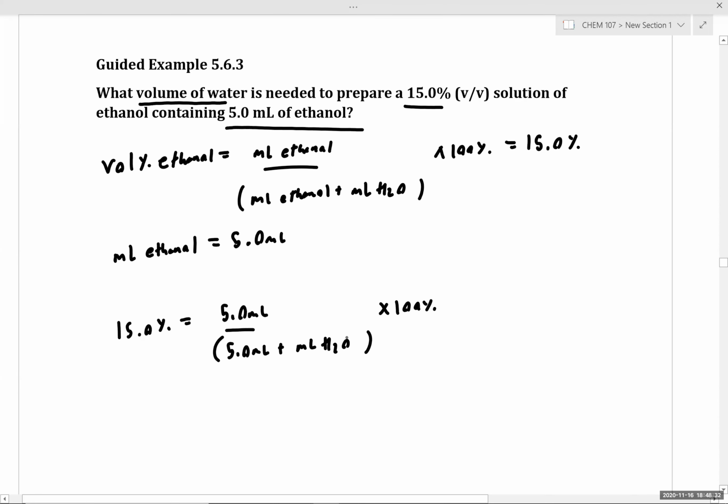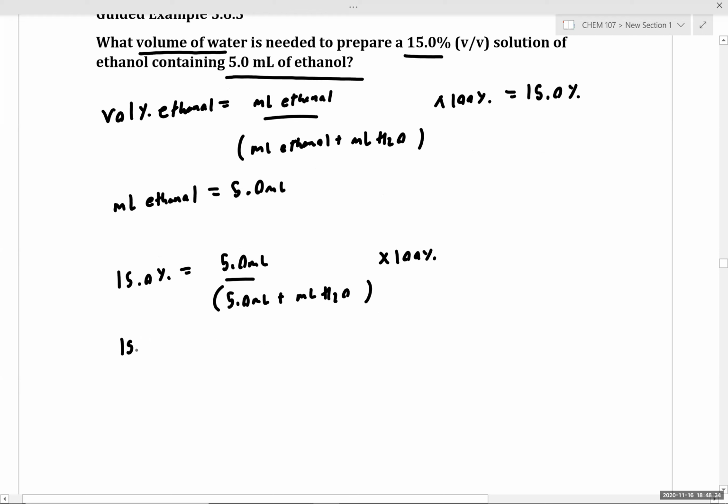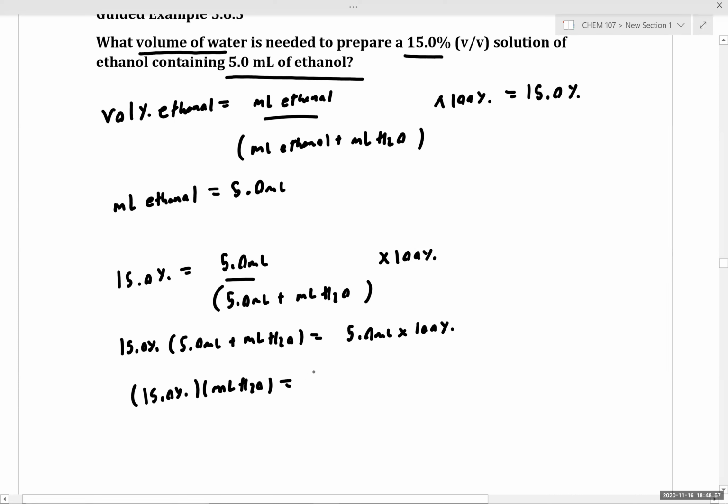So then, solving for the volume of water, we get 15.0% times 5.0 milliliters plus the milliliters of water is equal to 5.0 milliliters times 100%. So solving, 15.0% times the milliliters of water is equal to 5.0 milliliters times 100% minus 15.0% times 5.0 milliliters.